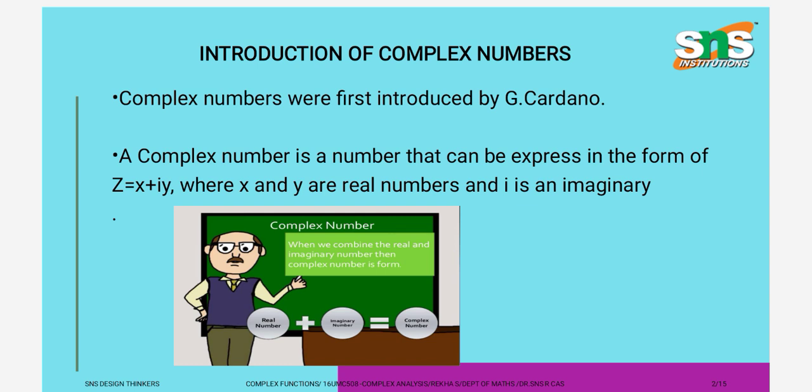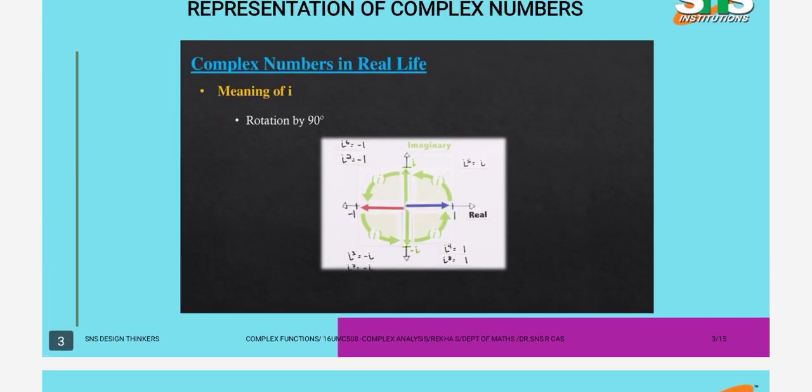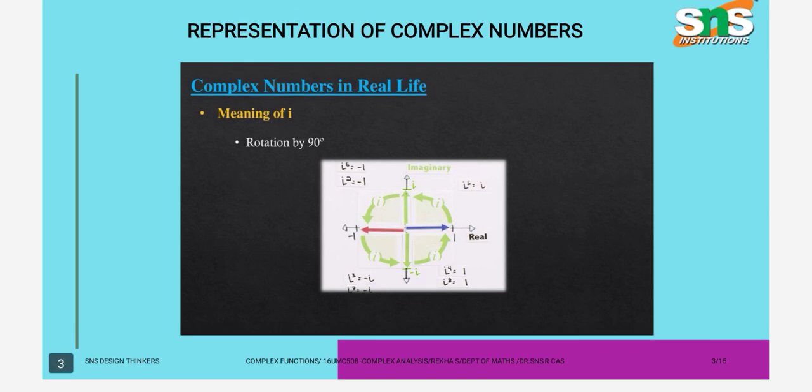Normally a complex number can be expressed as z equal to x plus iy, where x and y are real numbers, and i is the imaginary part. We can also apply complex numbers in real life.